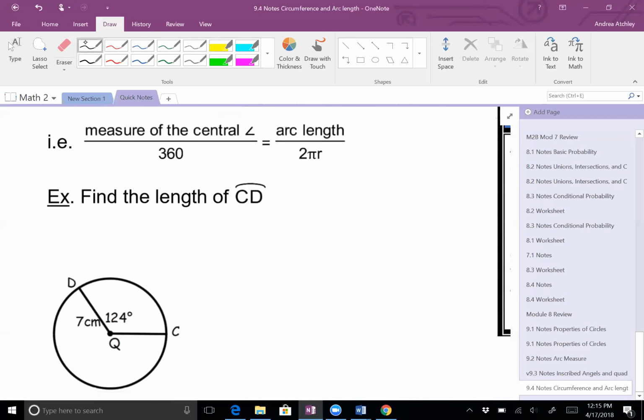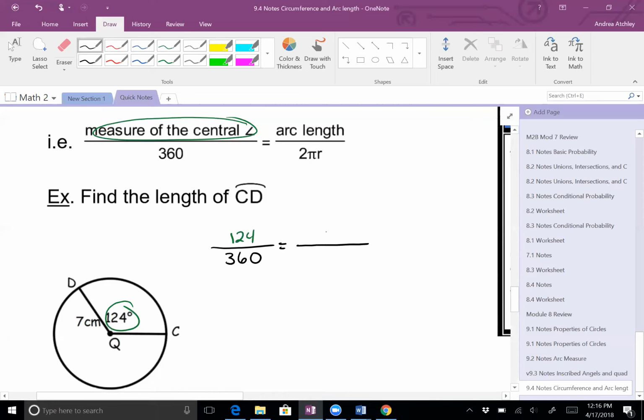So let's try this. We're going to use that same formula. In this, my central angle is 124, because we're going to find the length of CD. So that central angle is the central angle of arc DC. So 124 over 360. Now that's not a nice easy number to reduce, so I'm just going to leave it. It should be equal to the arc length.